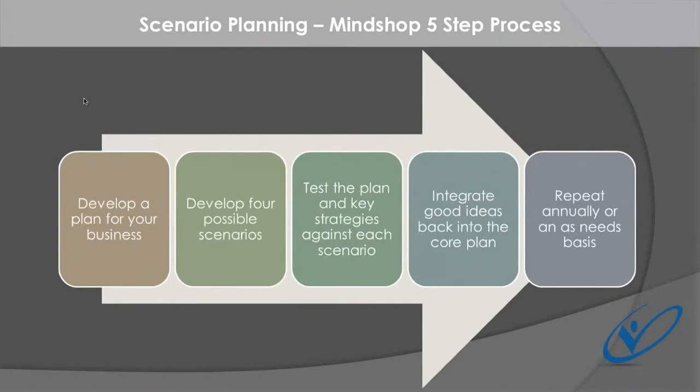So that's pretty simple. The basic process, as we've talked about today, is to develop a plan. You need to have a plan to test your scenarios against. Develop 4 possible scenarios.